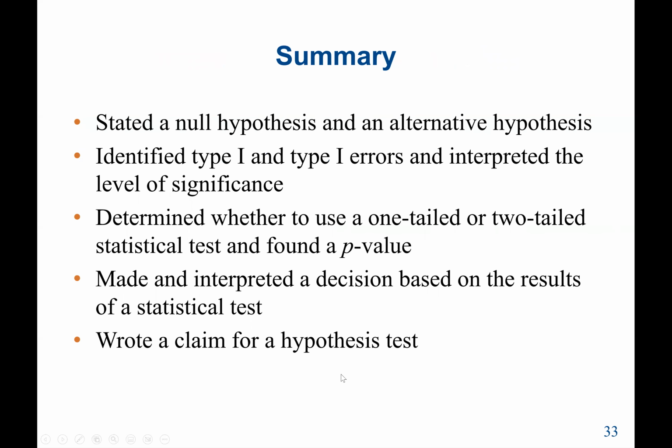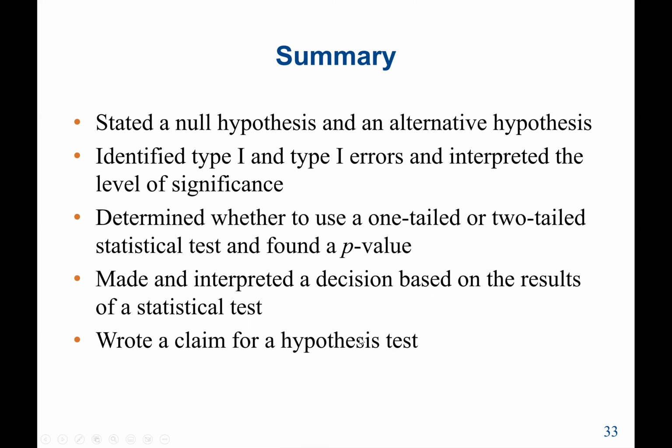In these lectures, we went through the basic concepts of the hypothesis testing process. We learned how to state our null hypothesis and its meaning, and what the alternative hypothesis is. We also learned about type 1 and type 2 errors and how to interpret them, especially with the level of significance.